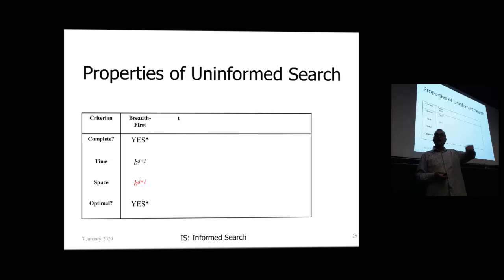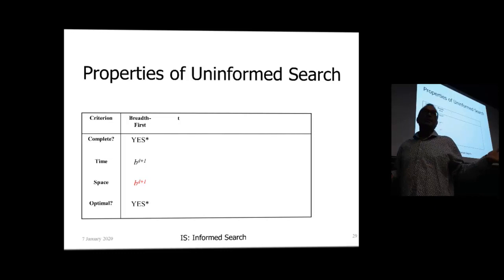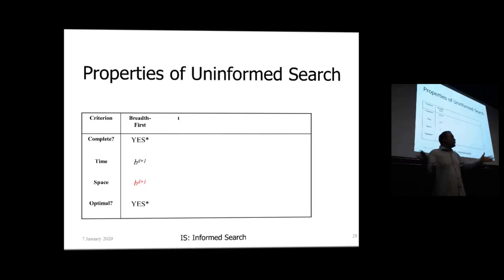If I would have a game where you can choose a rational number, then we would have infinitely many choices per decision, and the game would be infinite in the branching factor. But unless we have these sort of weird situations, in most of the cases we have finite branching factors, so breadth first search will always find a solution.